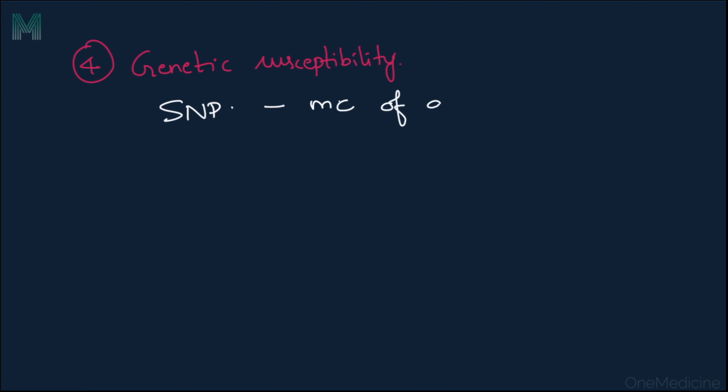Fourth factor is genetic susceptibility. Single nucleotide polymorphisms are the most common form of genetic variations.